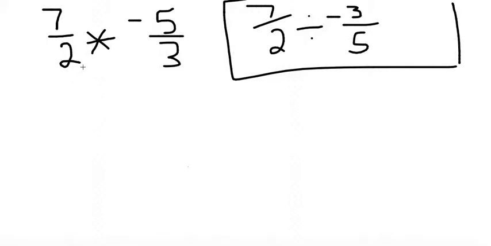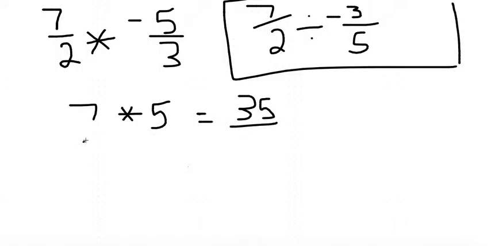You're doing 7 times 5, making 35 over 2 times 3.